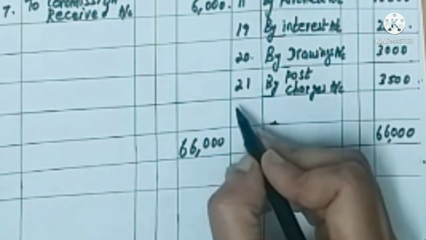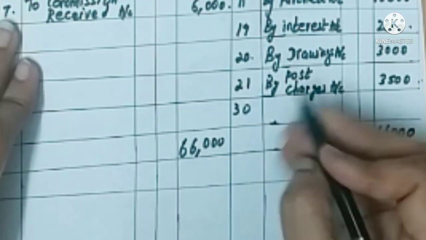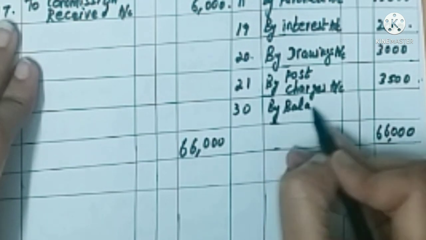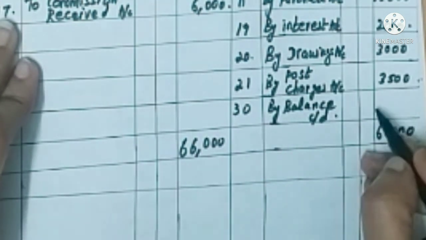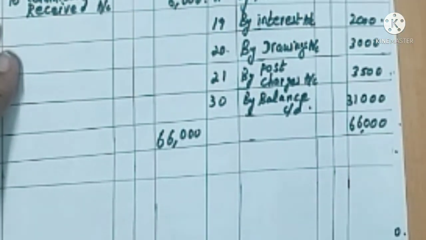Now we have to write 30th June, by balance carry down. What is the balancing figure? 31,000 rupees.